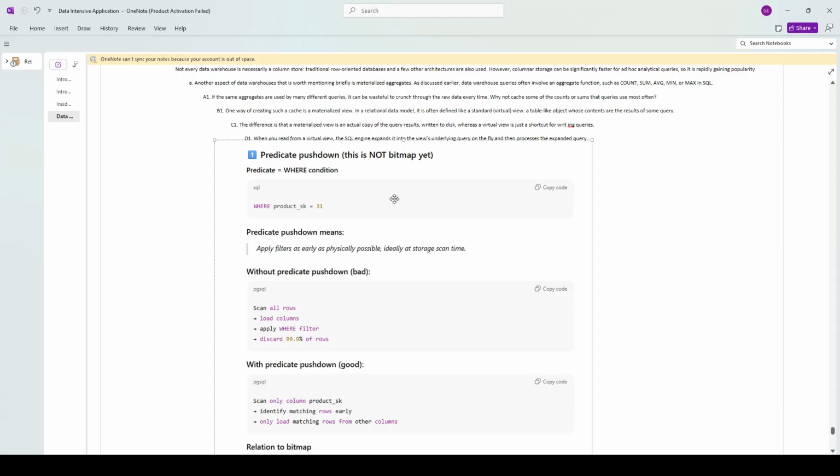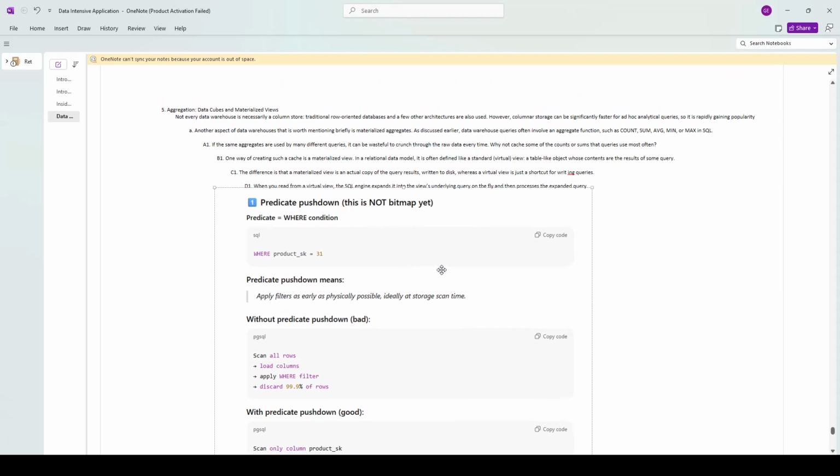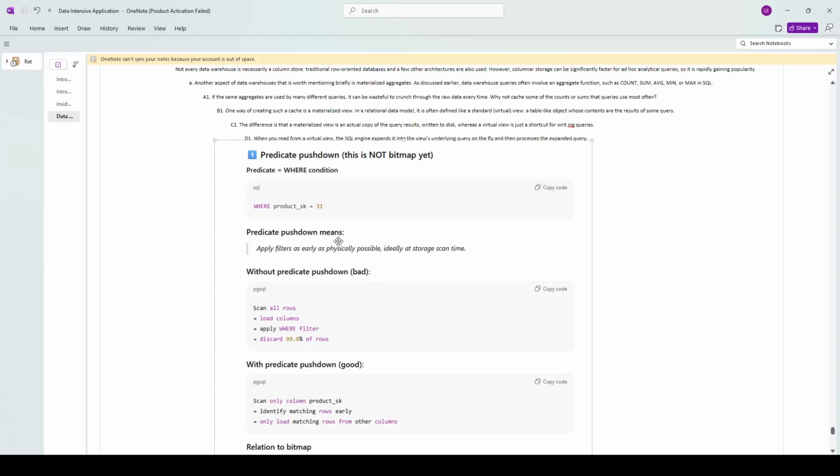So predicate pushdown, this is not bitmap yet. A predicate is the where condition, for example where product_sk equals 31. Predicate pushdown means apply filters as early as possible, ideally at storage scan time. Without predicate pushdown, that's bad: you scan all rows, load columns, apply the where filter, and discard 99.9% of rows.